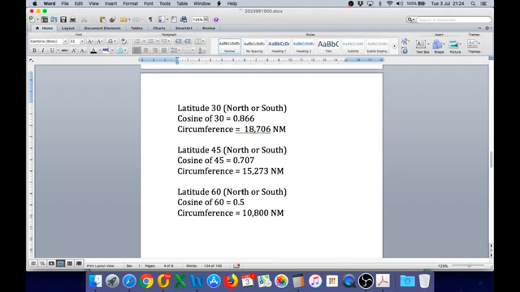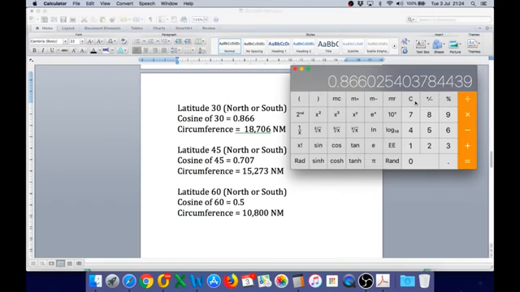At latitude 60, again north or south, the cosine of 60 is 0.5, the circumference is therefore 10,800 nautical miles. Just to go through that again, 60 cosine times 21,600 equals 10,800 nautical miles.